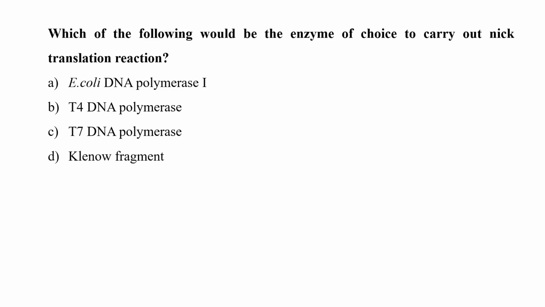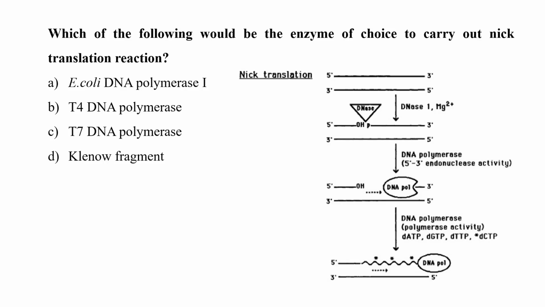Which of the following would be the enzyme of choice to carry out the nick translation reaction? E. coli DNA pol 1, T4 DNA polymerase, T7 DNA polymerase, or Klenow fragment. Nick translation is used to label the hybridization probe, which can be used further in blotting like northern or southern, or even microarrays. Basically, there are two important enzymes in nick translation. DNase 1, which is used to introduce the nick in the DNA duplex, while the other enzyme is DNA pol 1, also known as the Kornberg enzyme.